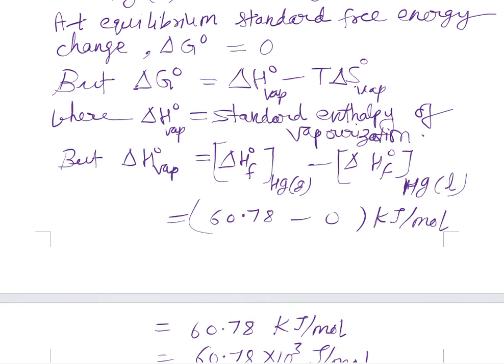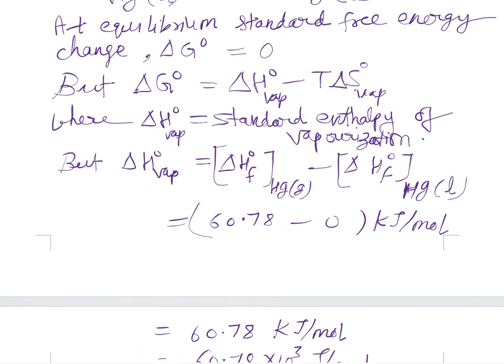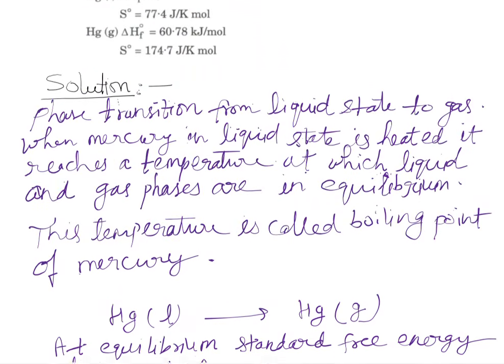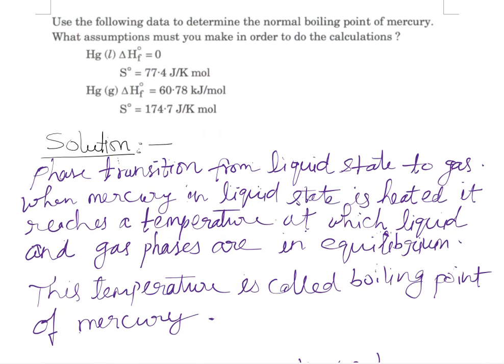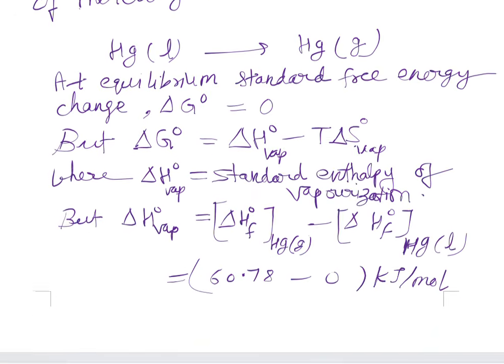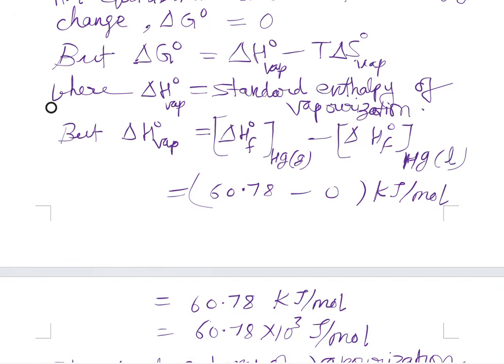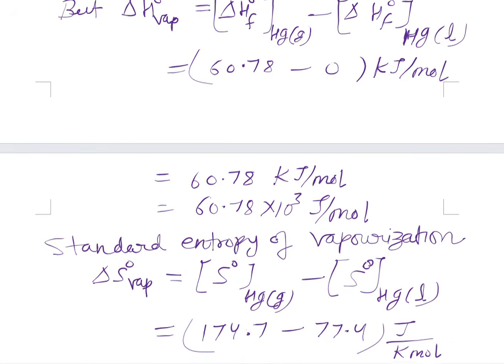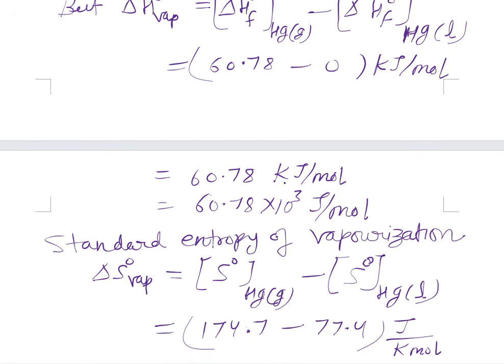That data is given in the question itself. It's given that delta HF naught is 60.78 in the gaseous state, so that is to be applied here. And we are getting 60.78 minus 0 kilojoule per mole, and that comes out to be equal to 60.78 kilojoule per mole. And that is equal to 60.78 into 10 to the power 3 joule per mole, changing kilojoule to joule.